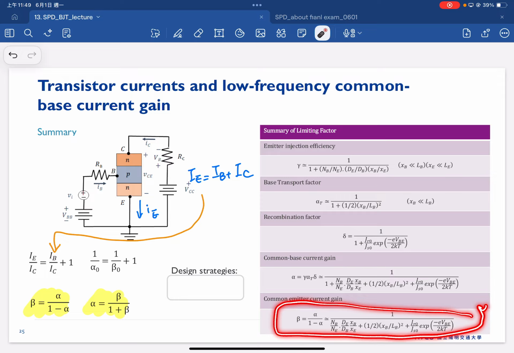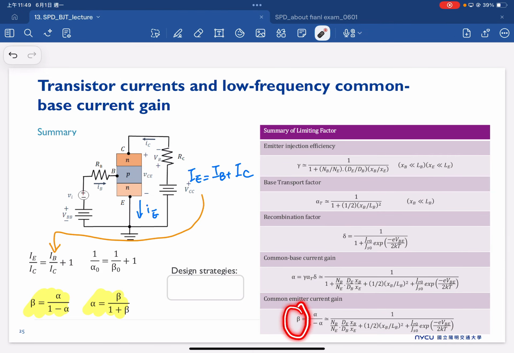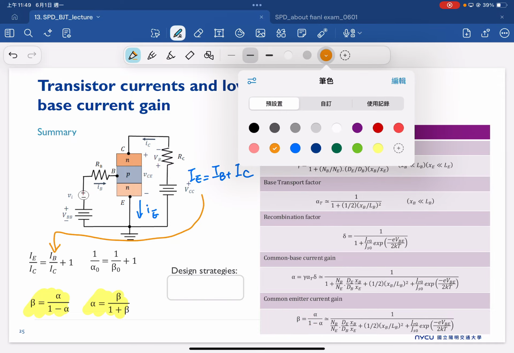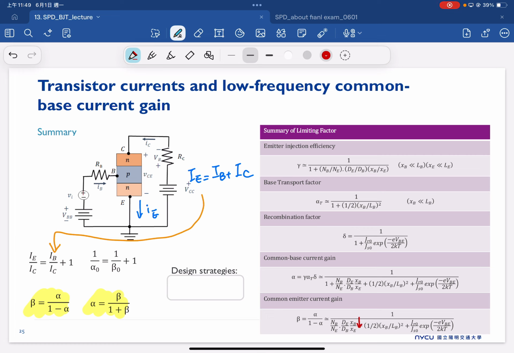If we want to make the beta as large as possible, then what we should do is make the base width smaller and increase the emitter concentration.